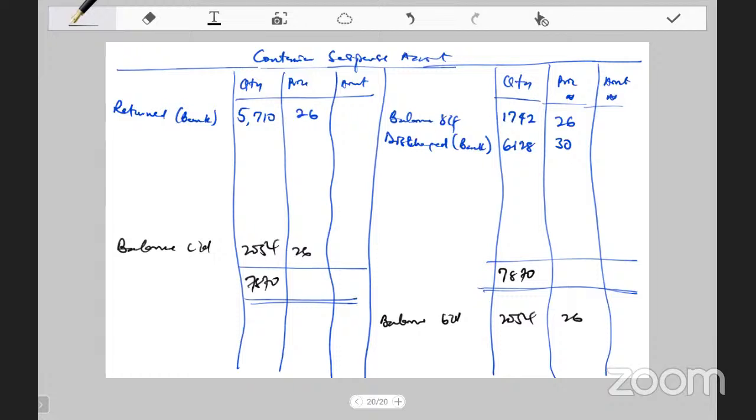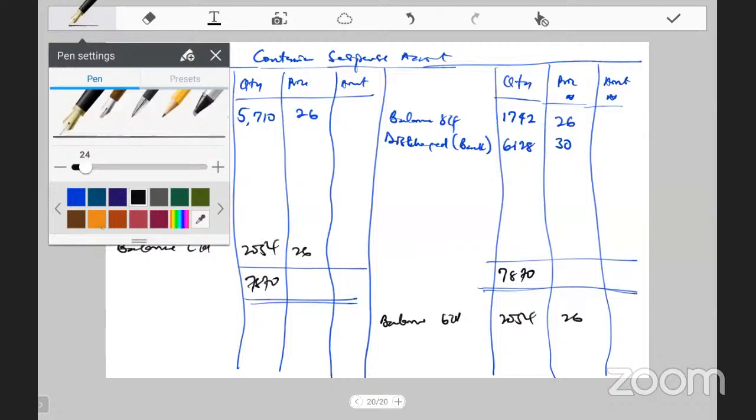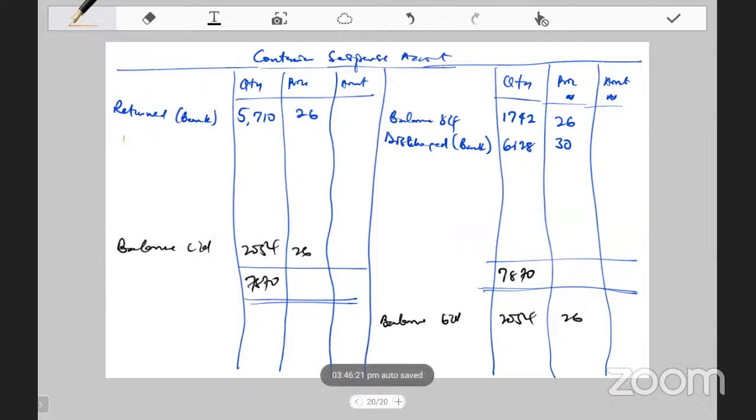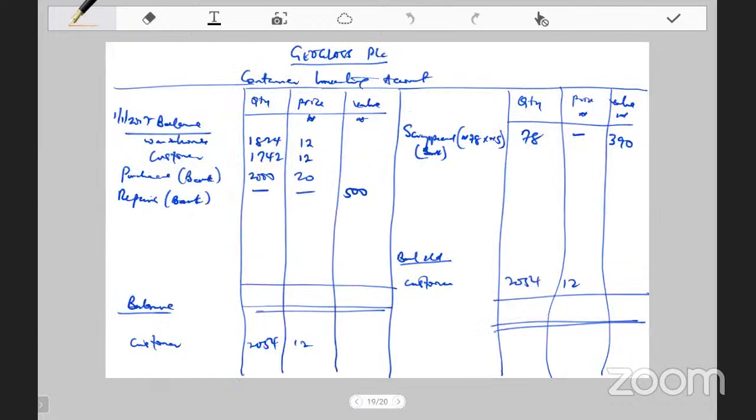That is 7,870 minus 5,710 minus 2,054. So that gives us the units that will be retained. What's the unit being retained? 106. And at the returnable price of what? 26. So don't forget, that will come here to retained.